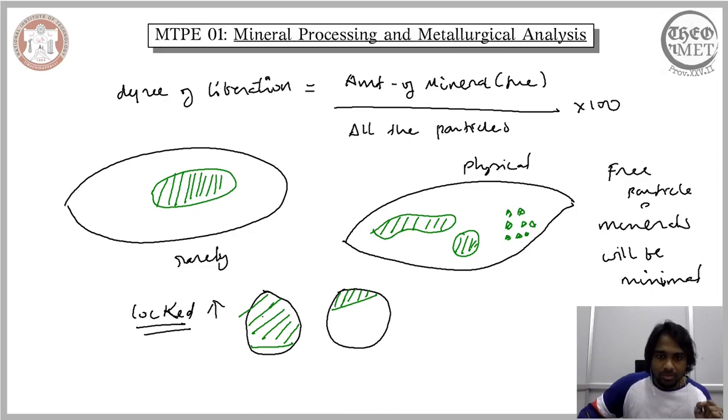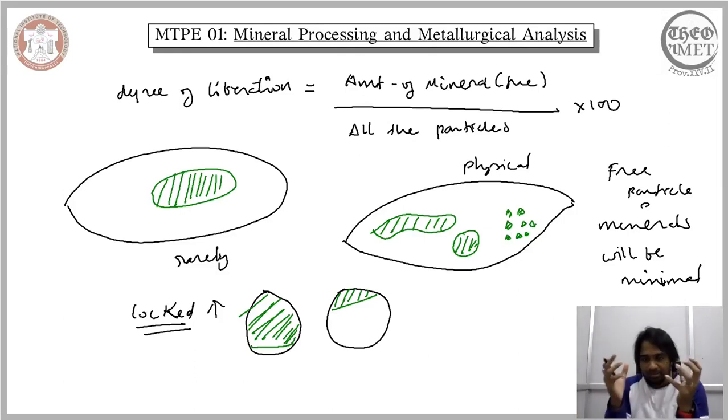In the case of a physical mineral particle that has been mined out, if you study its chemical composition, you will observe that it is very rarely of the schematic setup that we have seen.